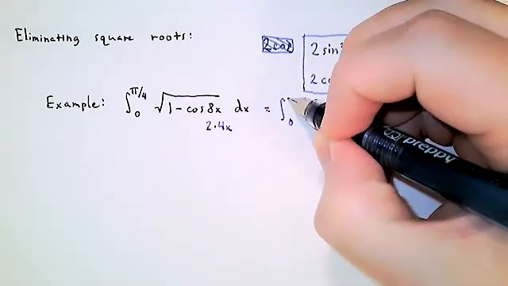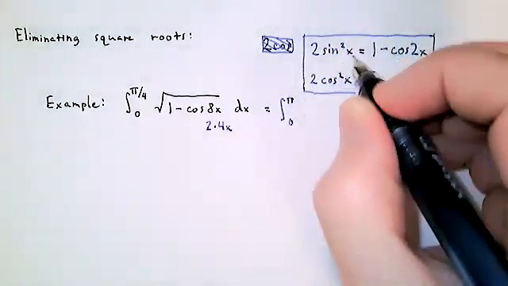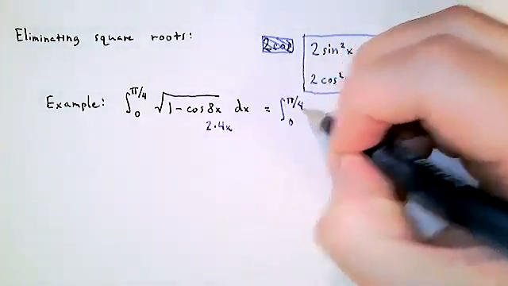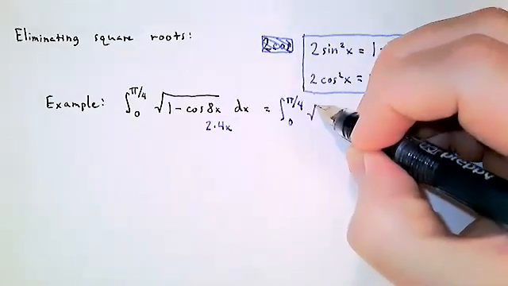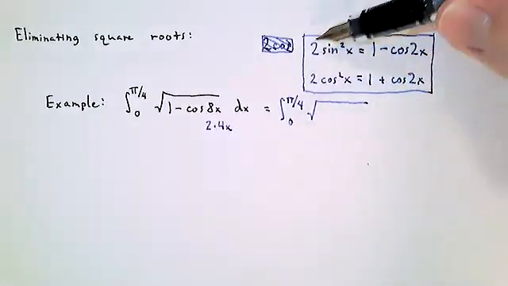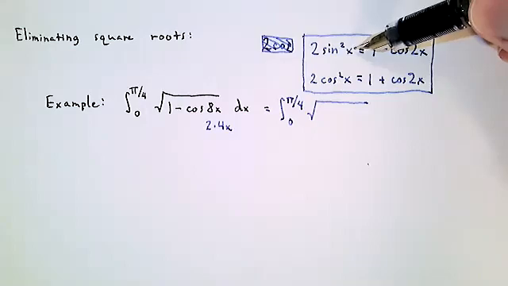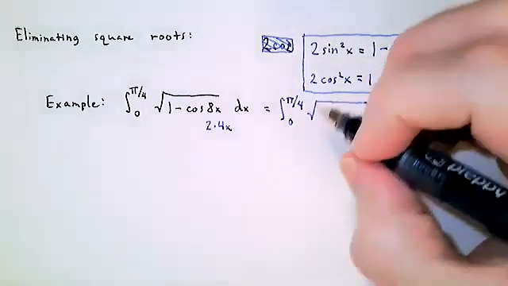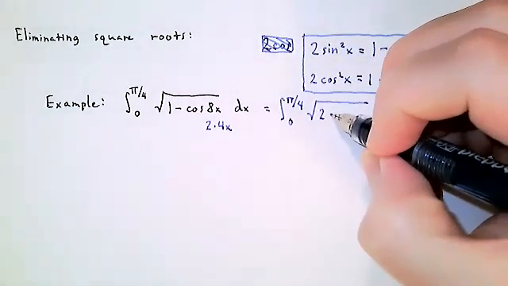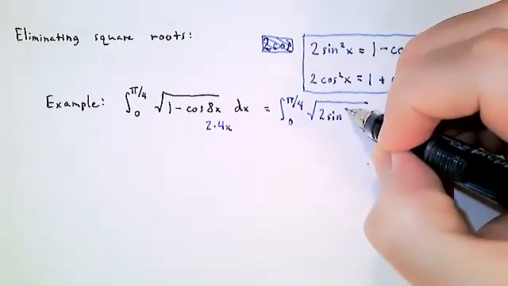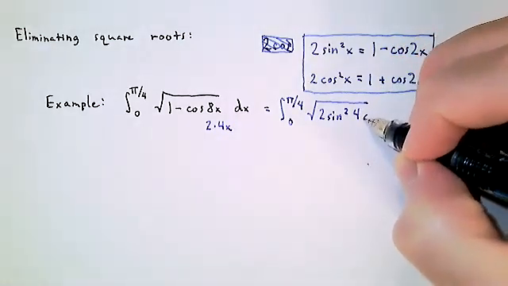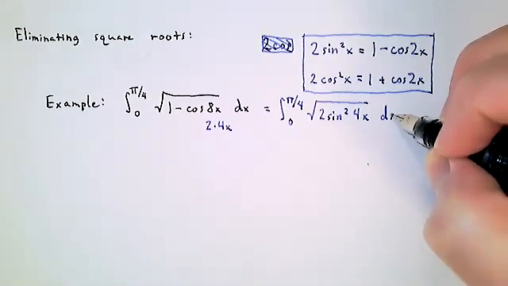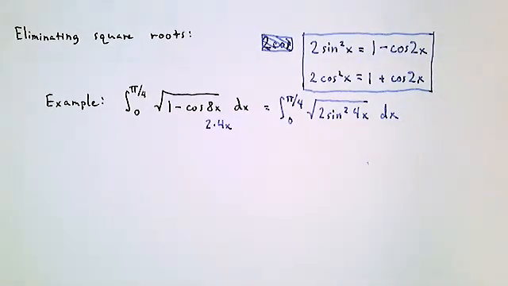So when we use that first formula, we'll get 2 sine squared of 4x instead of just a single x. Like this.